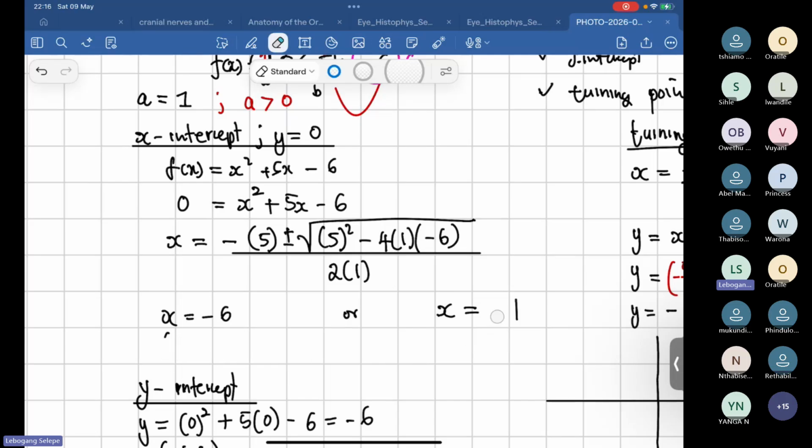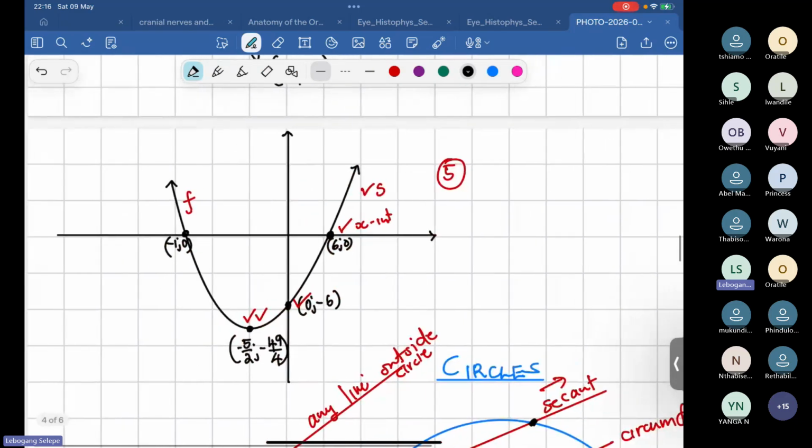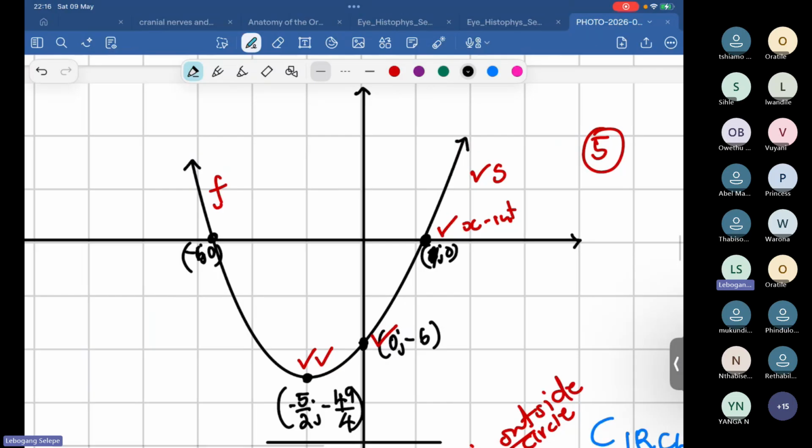Right, yes, a positive one. Sorry, and then this is going to be a positive 1, and this is going to be 1 is to 0, and then this is going to be -6 is to 0. That time my graph wasn't making much sense. Either way, this is going to be -6, and this is going to be 1, and then that's it. Thank you so much for picking that up.